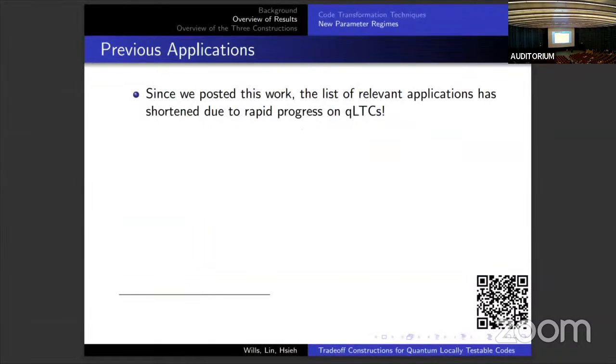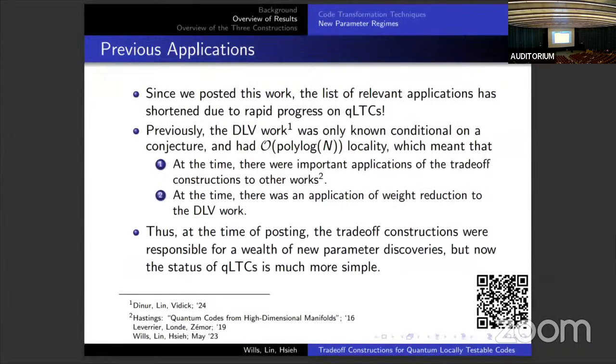You might wonder, we had 3 constructions and I've only applied 2 here. The list of useful applications of the trade-off constructions has changed over time, and the reason is that the progress in QLTCs has been so rapid. When we initially posted the work last year, there were lots and lots of applications, and there were lots of new parameter regimes discovered with them.